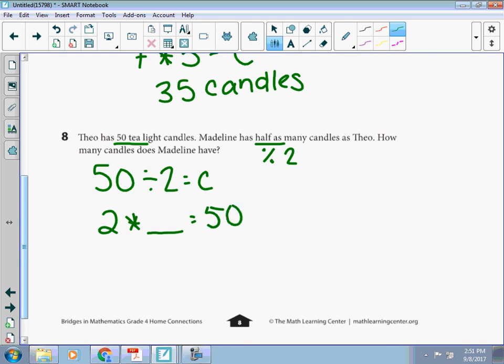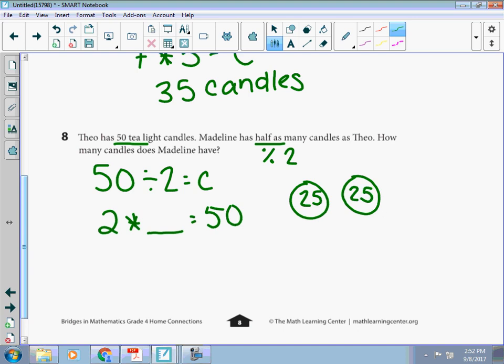And this goes back to our factors. I need to know the factors of 50 and the factor pair that works with 2. And in this instance, I'm really going to think about money. If I have 50 cents, then I have 2 quarters. So I'm going to use my picture. Here's my 50 cents, my 2 quarters, and each quarter is worth 25 cents.